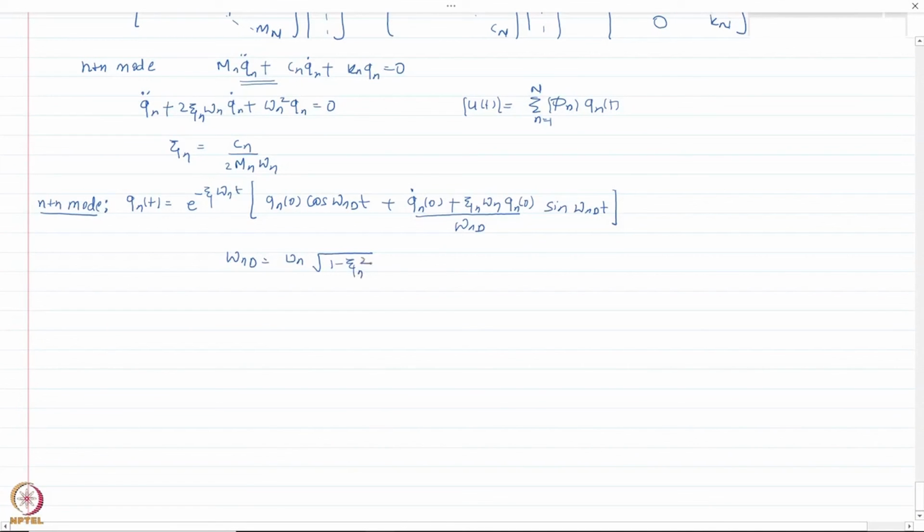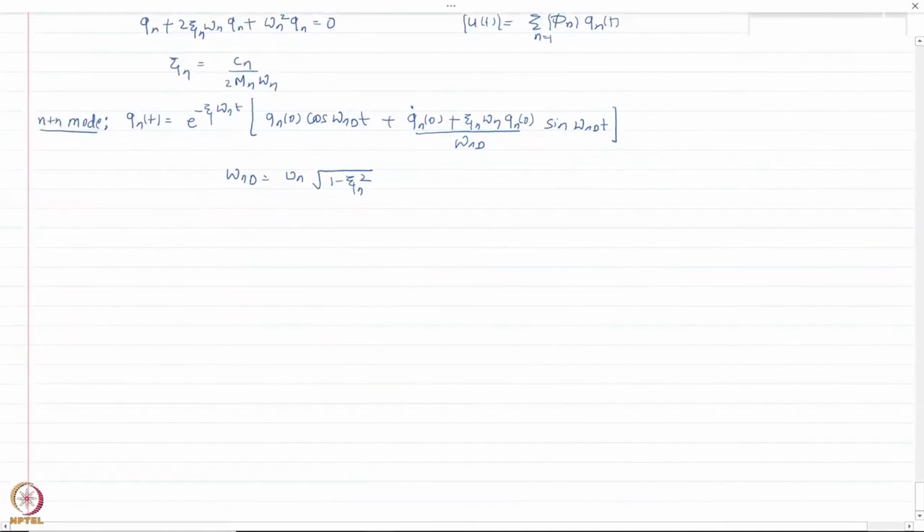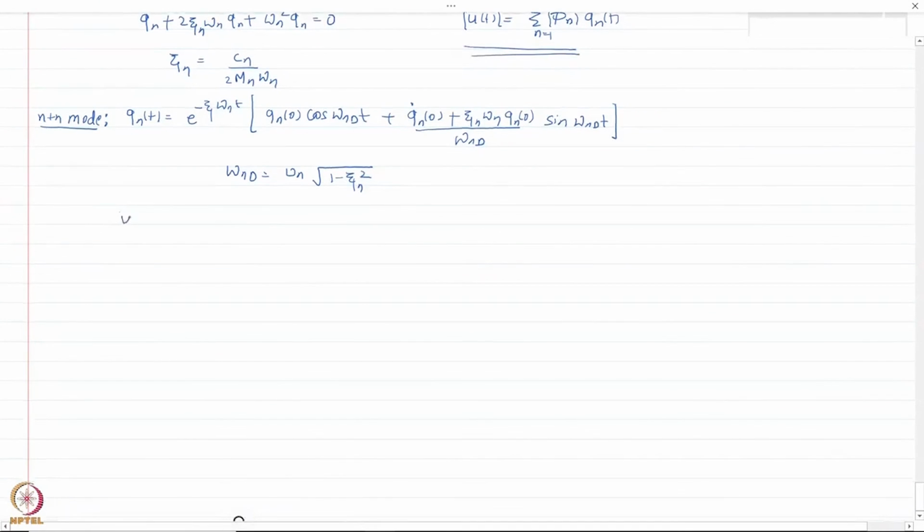And the total response I can write using the expression that I had here as u of t equal to summation n equal 1 to N of phi n qn of t, where qn of t is basically this expression here. So this is how we get the free response of a damped system.